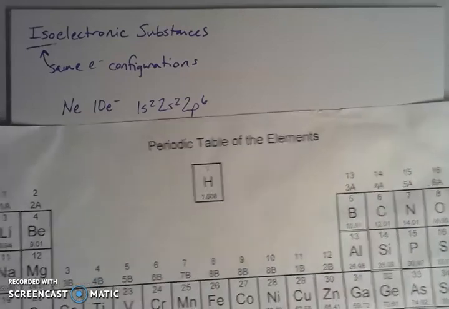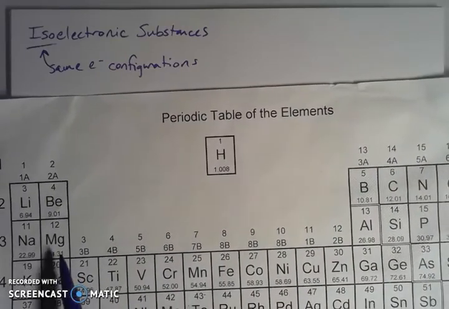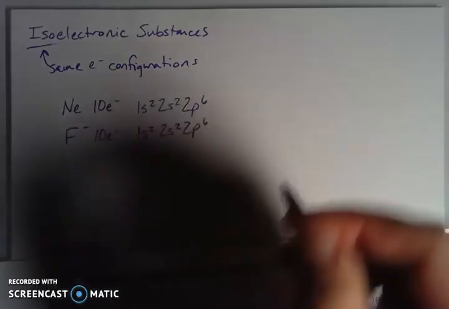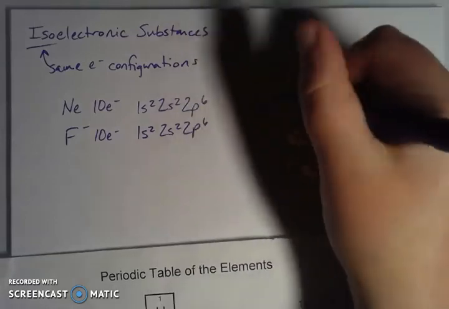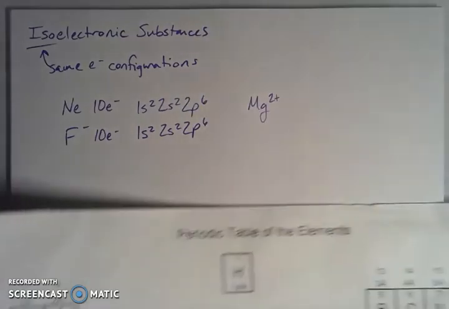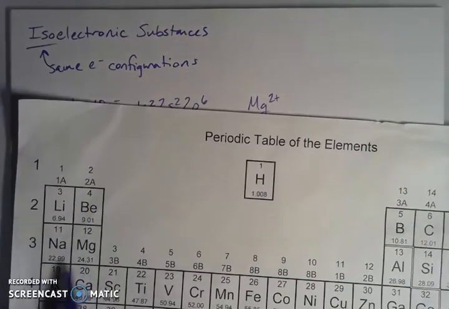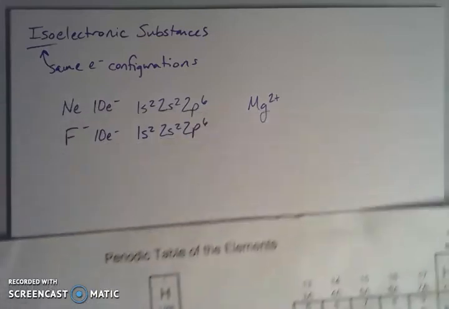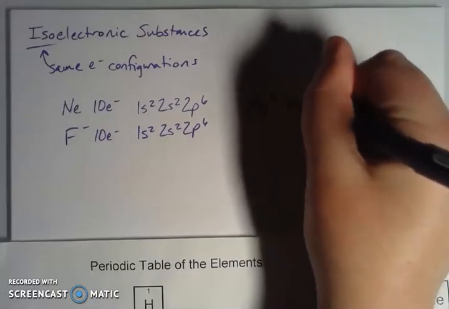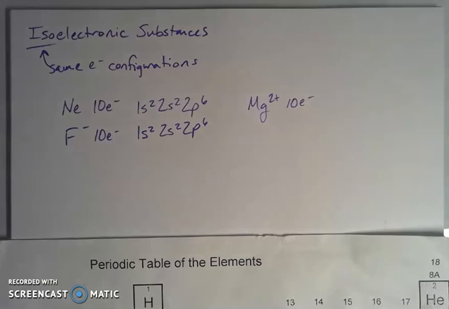Got too excited there. Now let's look on the other side. Let's take magnesium. So magnesium usually has 12 electrons, but when magnesium is magnesium 2+, when it loses those outermost 3s2 electrons, then now it has 10 electrons with its 12 protons, giving it that net +2 charge.